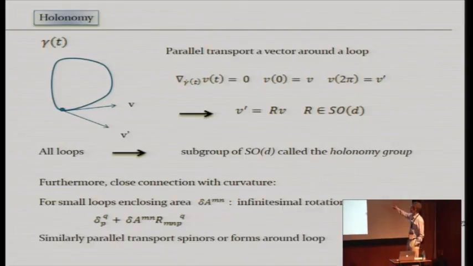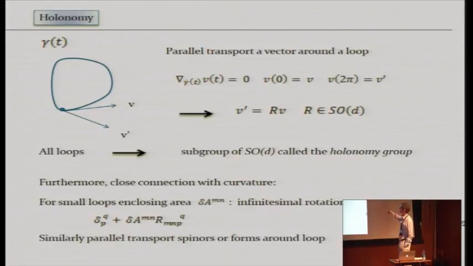And now I'm assuming here that I've used the Riemannian connection, the Levi-Civita connection. In that case, if you go around this loop, then V prime is related to V by an SO(d) transformation. SO(d), again, d being the dimension of our manifold. Okay? Now, this is if you take one loop. You can take multiple loops and just compose them with each other.